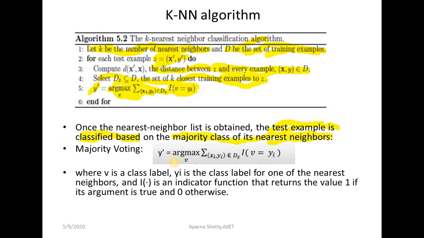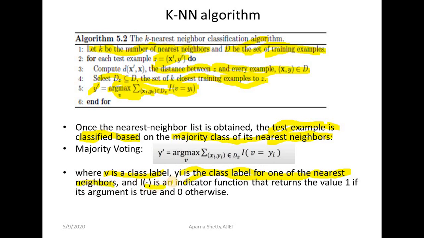So the majority voting is given by this formula: y' is equal to argmax over v of the summation over (xi, yi) belonging to Dz of I(v = yi), where v is the class label, and yi is the class label of one of the nearest neighbors.